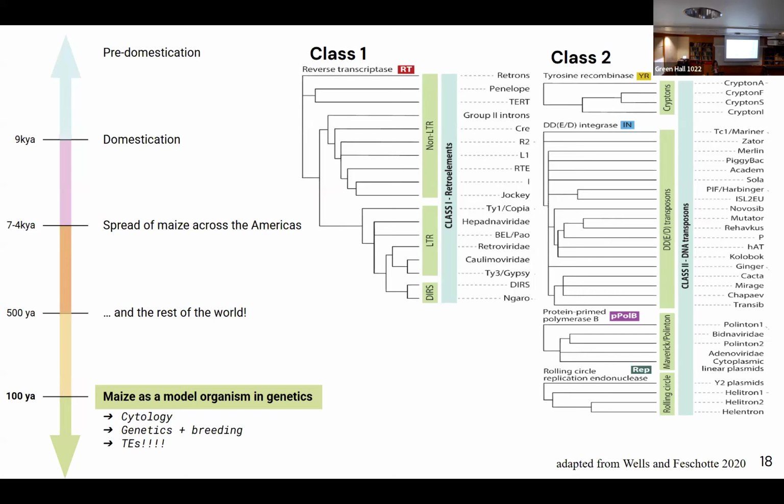I don't have divergence times on this phylogeny, but it's theorized that the split between class 1 and class 2 TE superfamilies actually predates the split between eukaryotes and prokaryotes. Even closely related TEs within the same superfamily or within the same class can be millions of years diverged, such as Ty1 and Ty3 TE superfamilies.